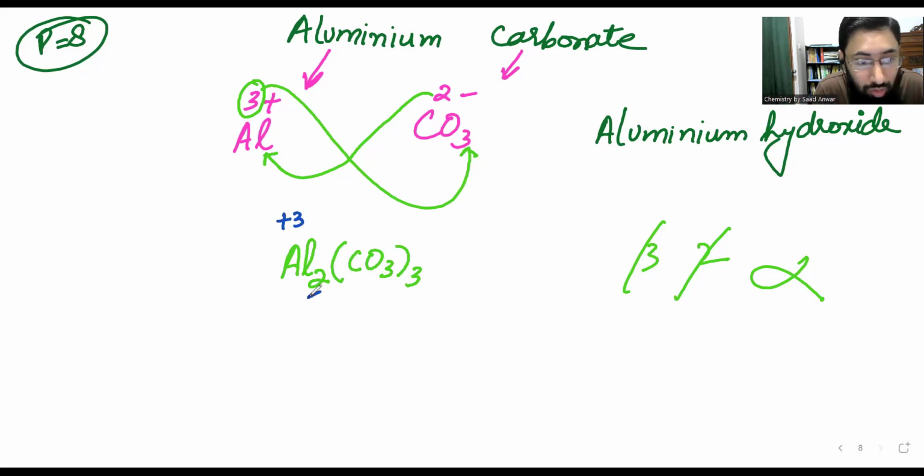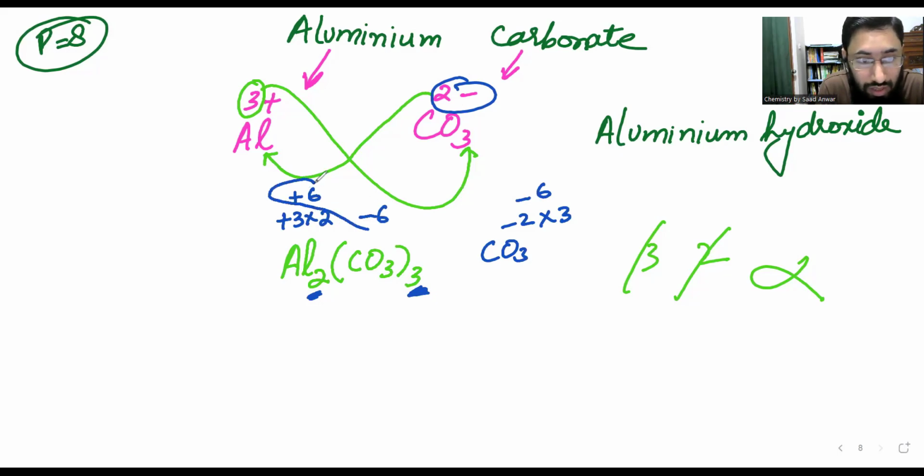Here we have 2 aluminium, so multiply by 2, and the final charge will become plus 6. Carbonate carries minus 2 charge. Here we have 3 carbonate, so multiply by 3, and the final answer will become minus 6. So plus 6 minus 6 is neutral. So this is correct.